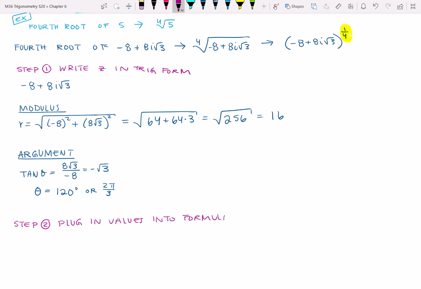All right, so again, we have 16 raised to the power of 1 over 4, since it was the fourth root, times the cosine of this giant quantity, which is 2 pi over 3 plus 2 pi k all over n, which was 4, plus I sine of the same thing, 2 pi over 3 plus 2 pi k all over 4.